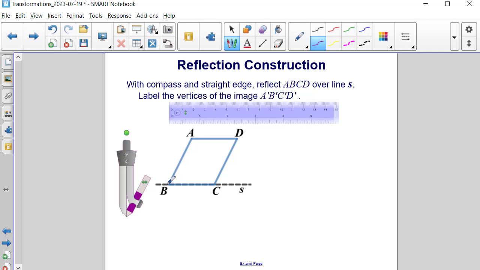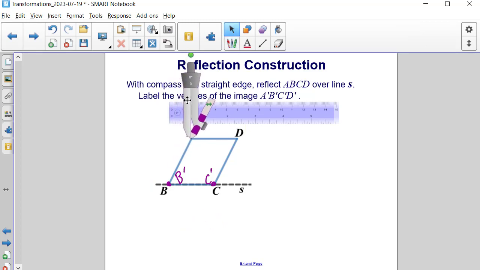Therefore, points B and C, their images will remain the same as the pre-image. So let's put our new points in here for B prime and C prime. And now we can use the compass and straight edge to determine what A prime and D prime will be.